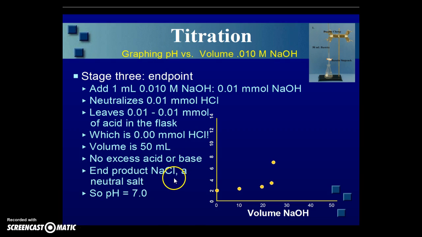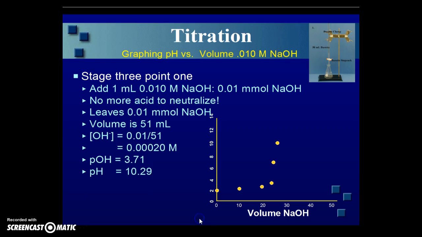It's just sodium chloride, a neutral salt that does not hydrolyze. So the pH is the pH of salt water, 7, a neutral pH. And as you can see, the pH has shot up from roughly 3 to 7 with 1 milliliter additional NaOH.